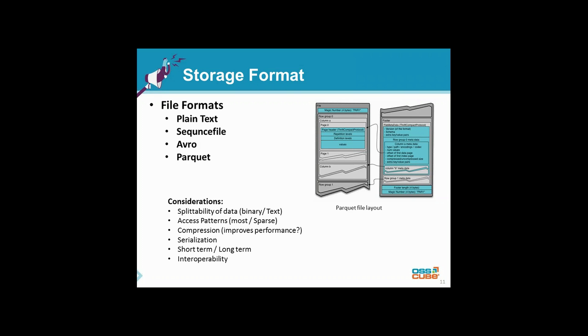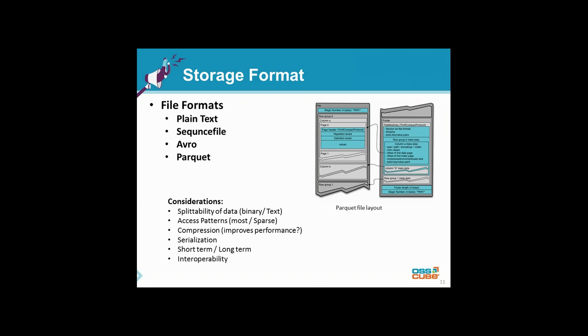Access patterns, right? Are you going to access all fields or some fields? Based on that, you can go for columnar format or row-oriented storage formats. Compression is the other thing I just explained in our first slide, how compression can improve your performance. Serialization is another aspect. Right?